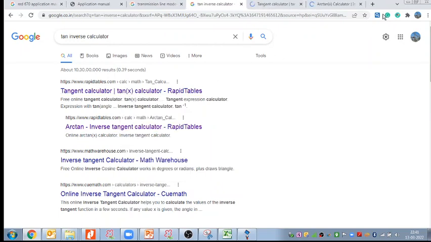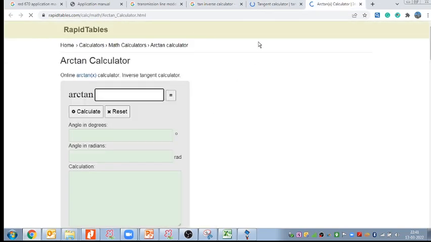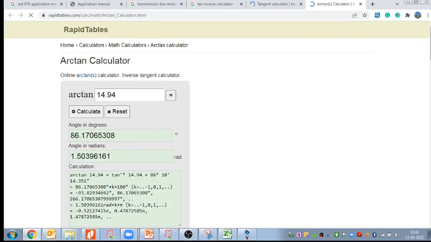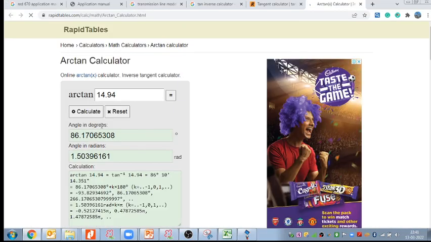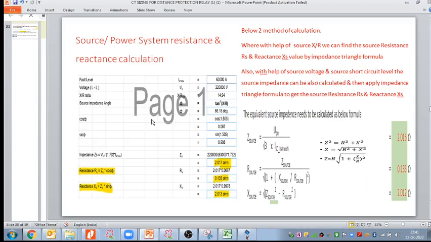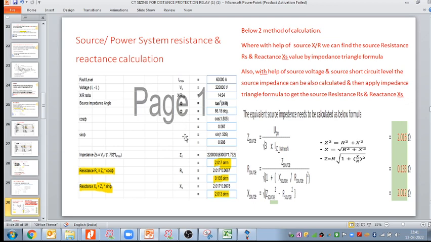Or if you have an engineering calculator, you can perform it. It is nothing but the inverse of tan, arc tan 14.94. The angle is 86, and I think the same is coming here. Let me see. Yeah, same. 86.17, 86.18, correct. So theta is 86.18, right?